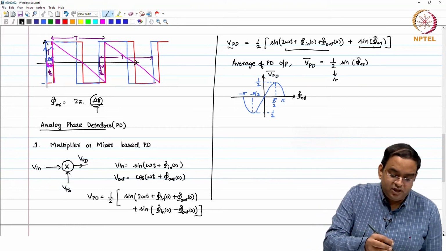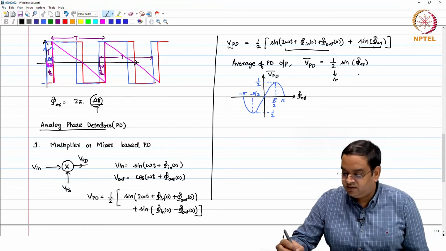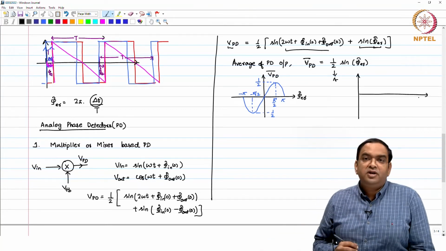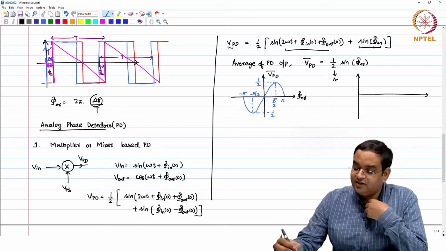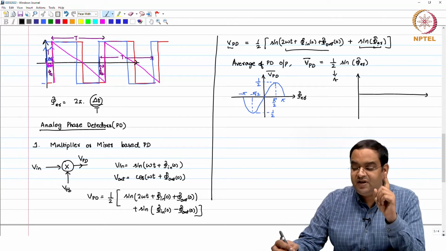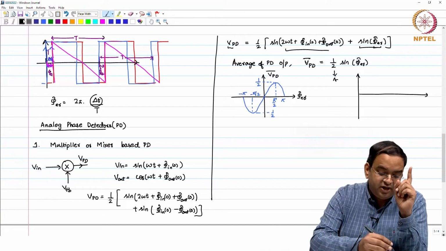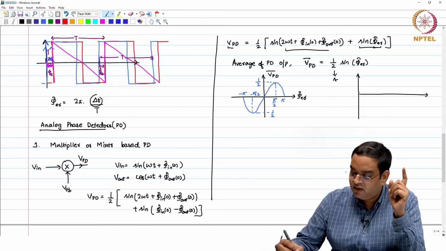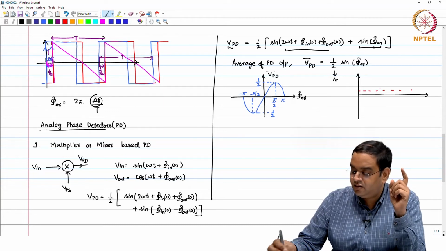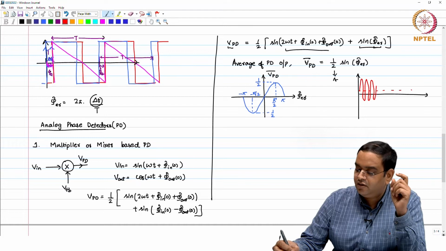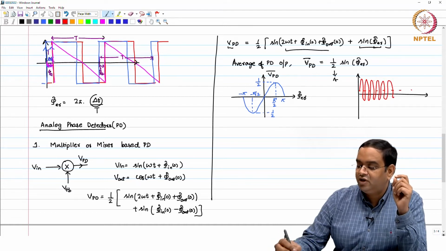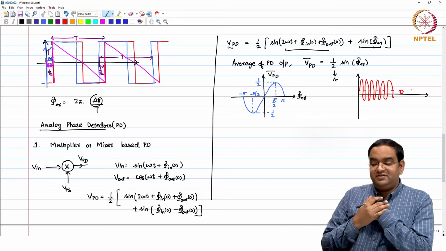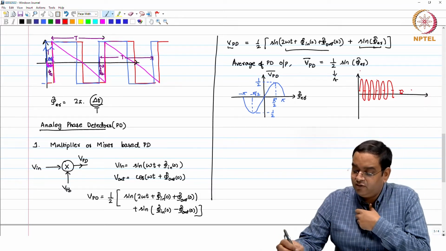If you just look at the VPD signal as such, it is sine of phase error. If the phase error is constant, it is nothing but a very high frequency, like 2 omega, sine wave, shifted by sine of the phase error. That is what you are going to have in the case of the actual VPD.